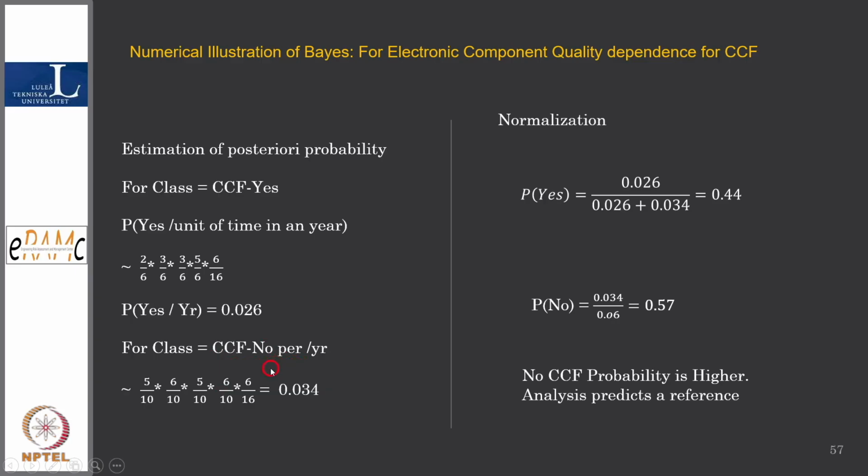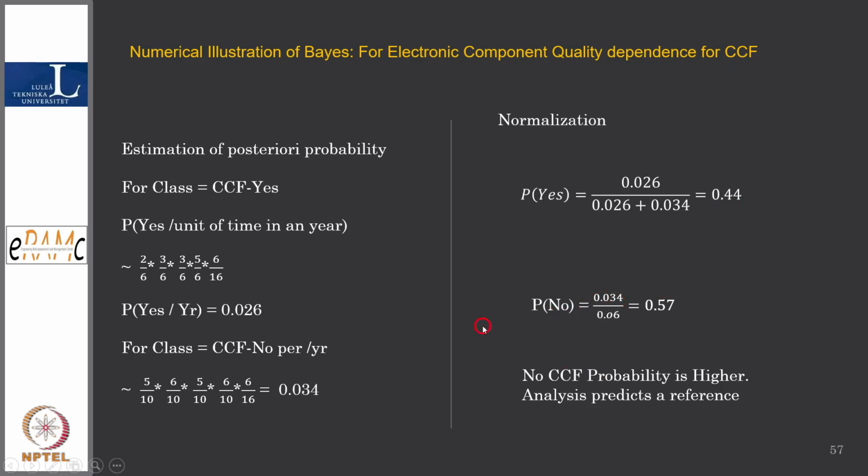For no per year, this is what we got for yes. Now for no also we got 0.034. So that means probability of yes is equal to 0.026, which came from here, and after summation, the normalization we have done, it is 0.44. Probability of no common cause failure will be 0.57.